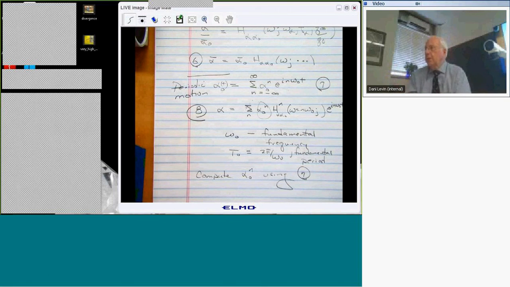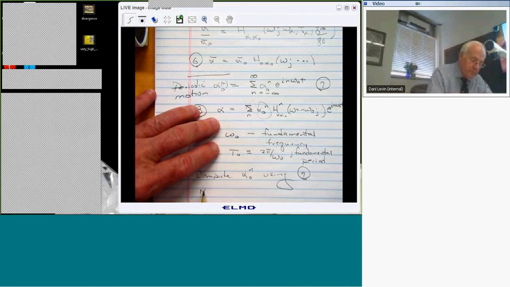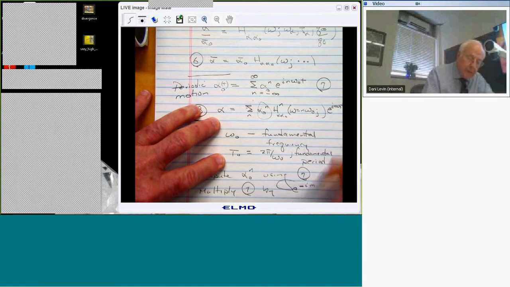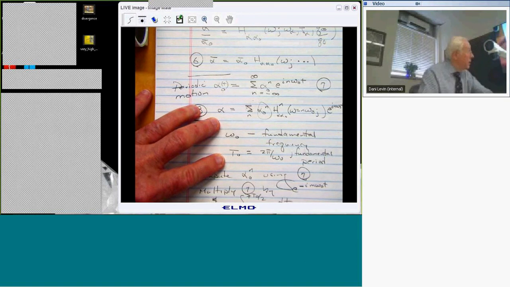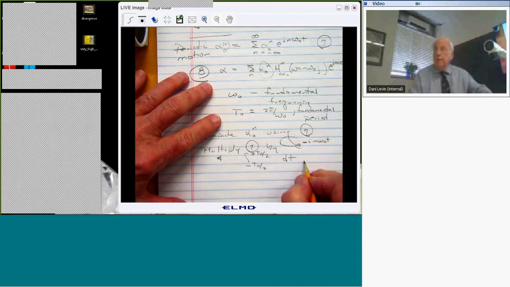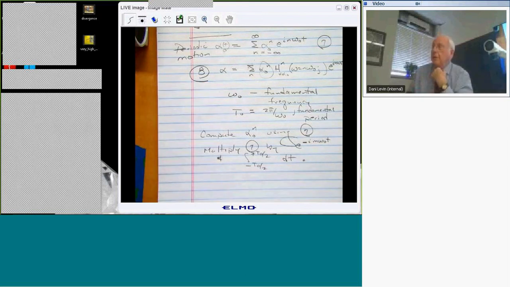So we're going to multiply 7 by e to the minus i m omega naught t, and integrate from minus t naught over 2 to plus t naught over 2. Okay? That's the idea. Fourier did this a long time ago, became famous for doing this.